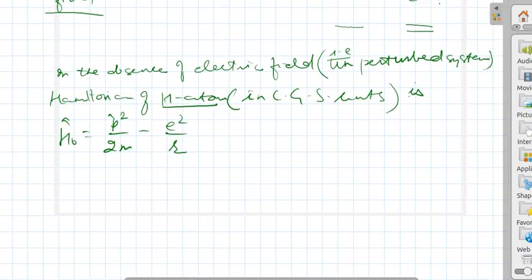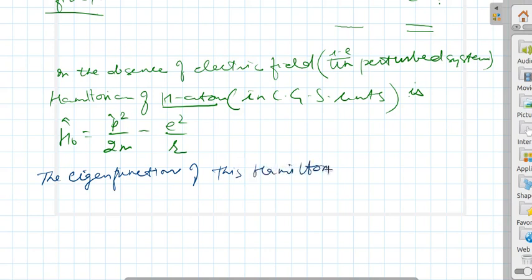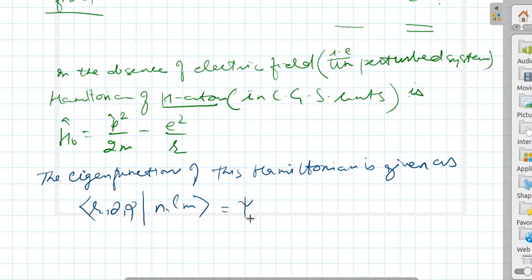Now the eigenfunction of this Hamiltonian is given as psi n l m of r, theta and phi.